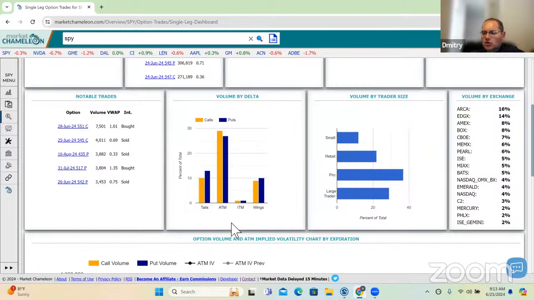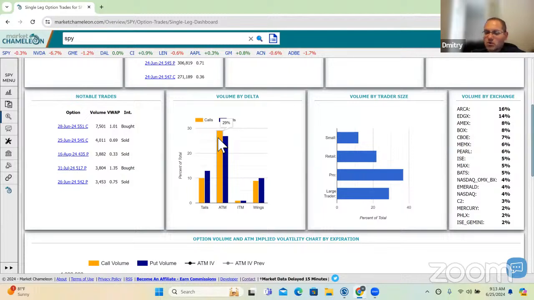So at the money or closer to at the money, those options will have sensitivity to the stock moving $1 in either direction. So those options will move around as the stock's moving around. And here we see that the majority of the options that traded on this distribution were the at the money calls, 29%.